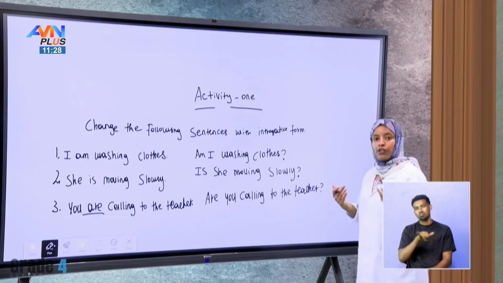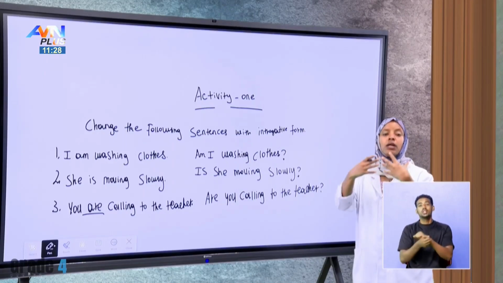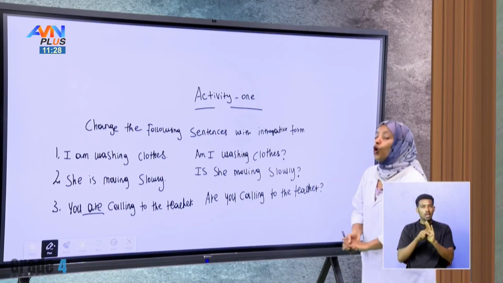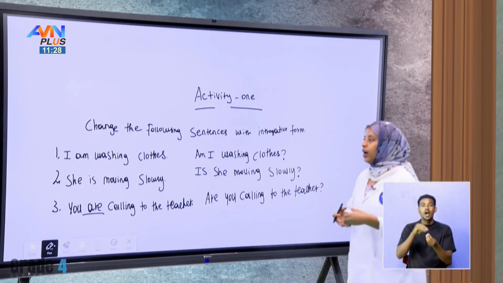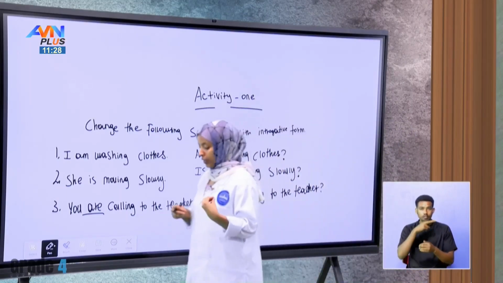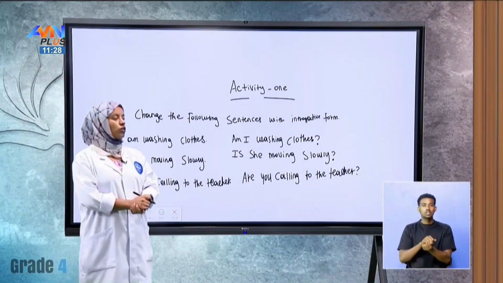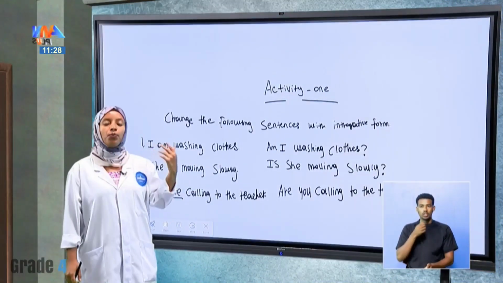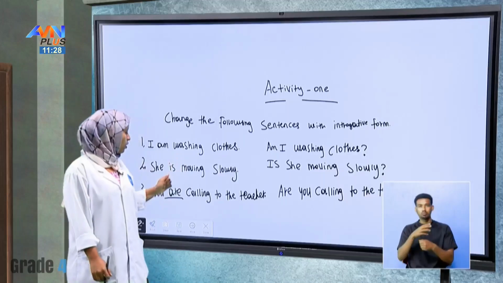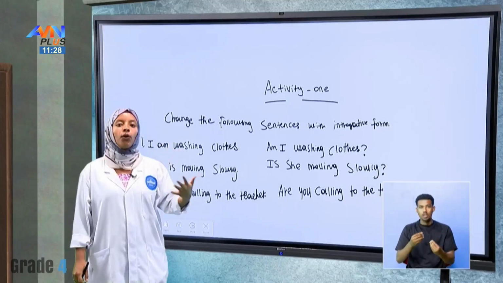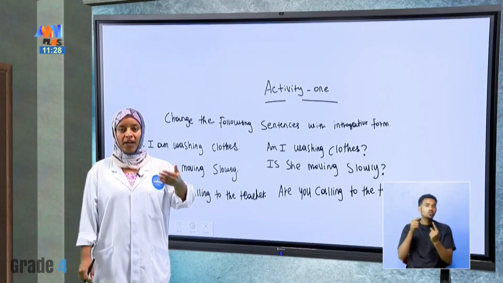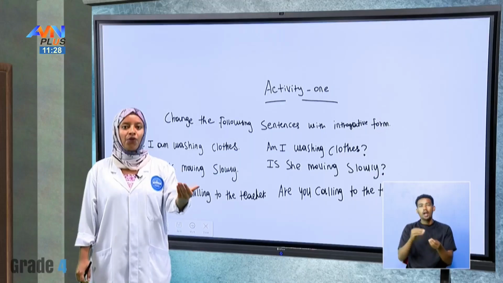So we can change even the sentences into negative sentences by adding not after verb to be. For example, I'm not washing my clothes. She's not moving slowly. You are not calling to the teacher. By adding easily, what? Not.